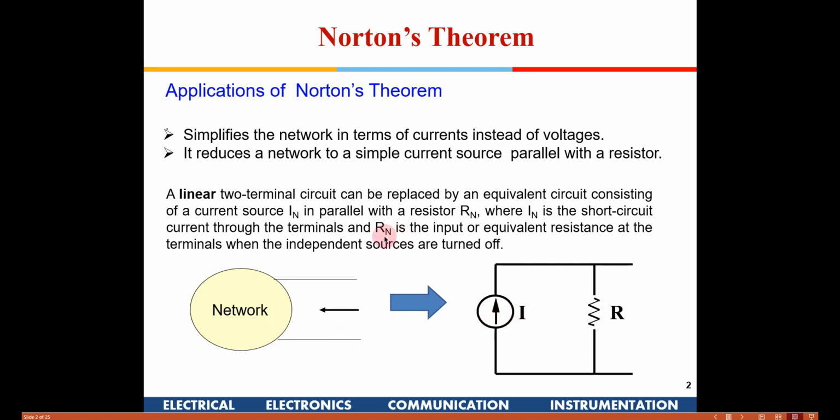RN is exactly the same as that of Thevenin, wherein it is the resistance seen looking into the circuit from those ports after removing the independent sources. So this is how we derive the values of IN and RN.